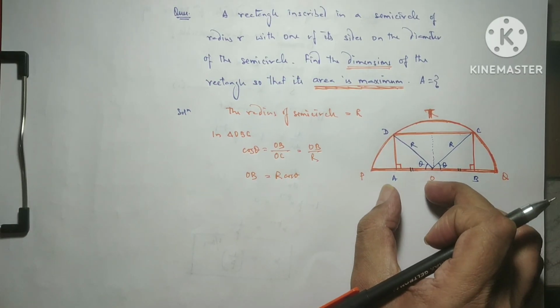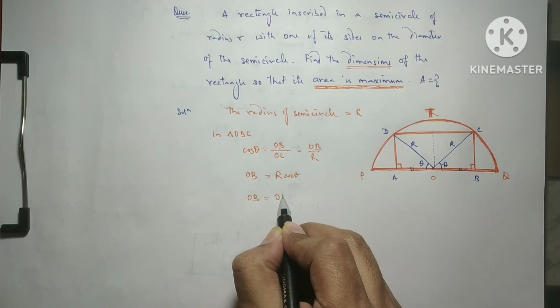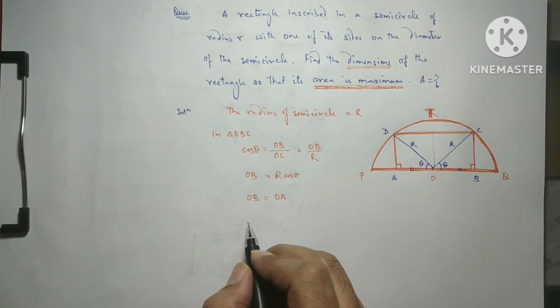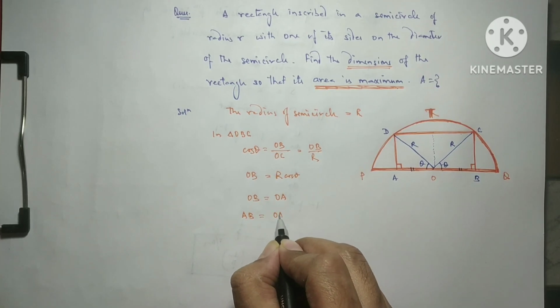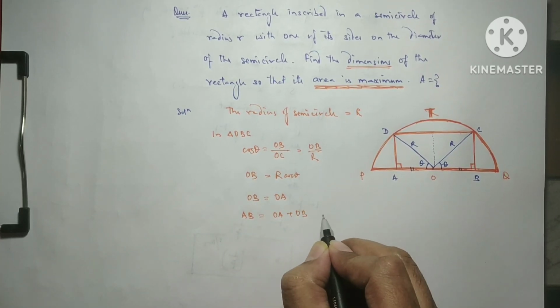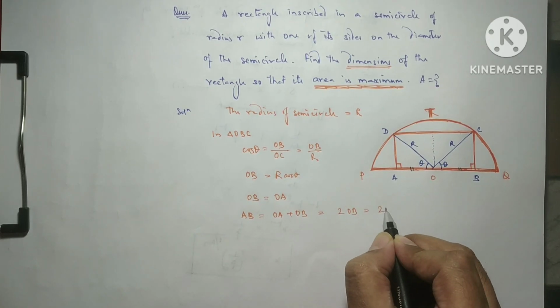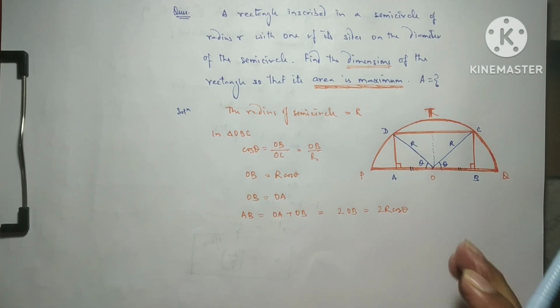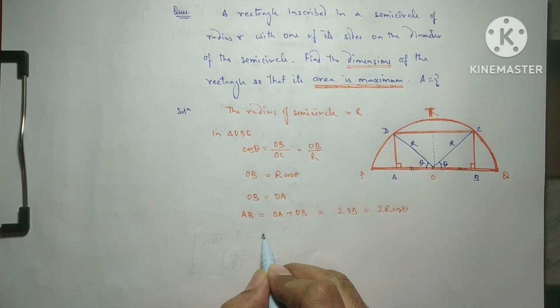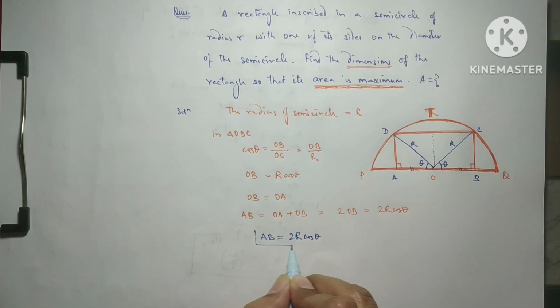So OB equals OA. It means side AB equals OA plus OB, or twice of OB, or 2R cos theta. So we have one side of the rectangle AB, or length of the rectangle, that is 2R cos theta.